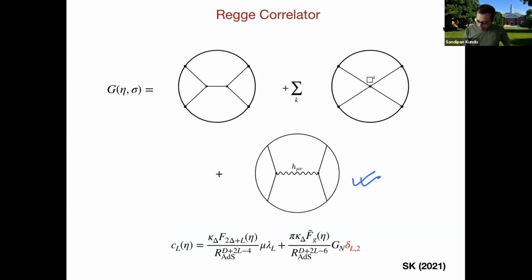Again, I can compute these C_L coefficients. They are exactly the same. The only difference is that there is now a contribution for L equals 2 from gravity. All the other C_L coefficients remain exactly the same. Only the L equals 2 coefficient receives a correction from G Newton.